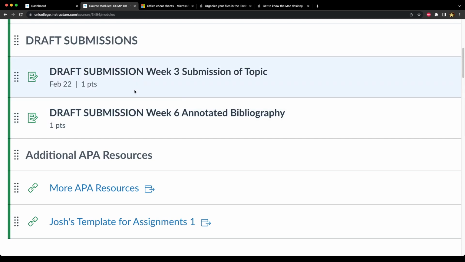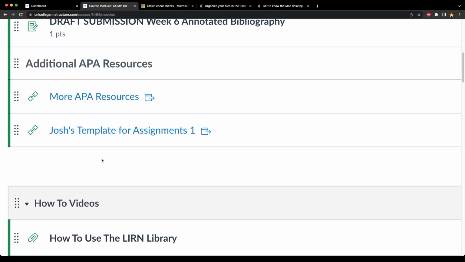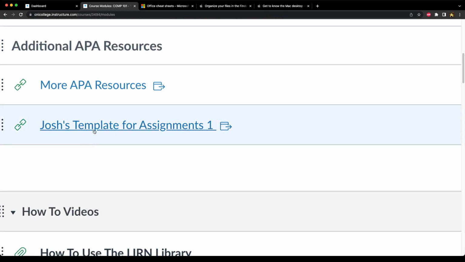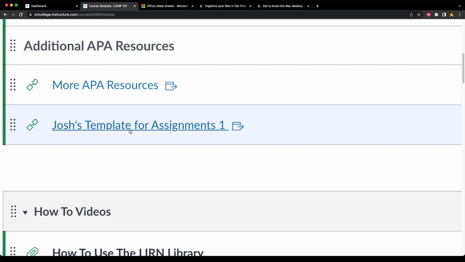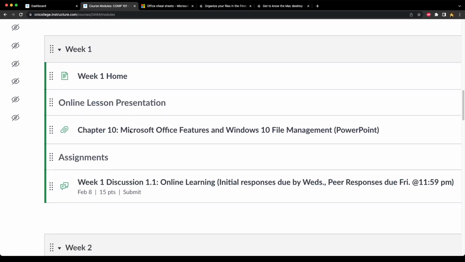So it makes it much easier when you submit it through this draft. Also, later I will be posting a video on using this template and focusing in depth on how to do the submission of topic assignment. So be expecting that later today or by tomorrow at the latest. Okay, so we'll be going over that, but let's go see what we have for week 3.